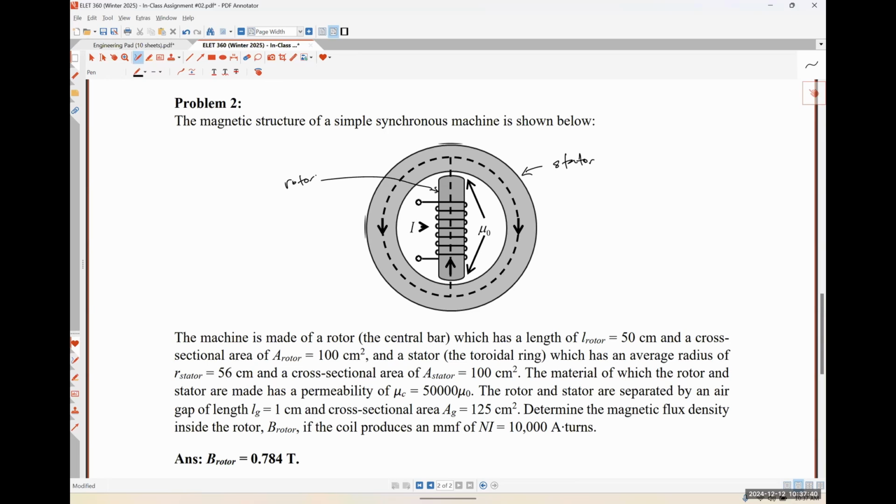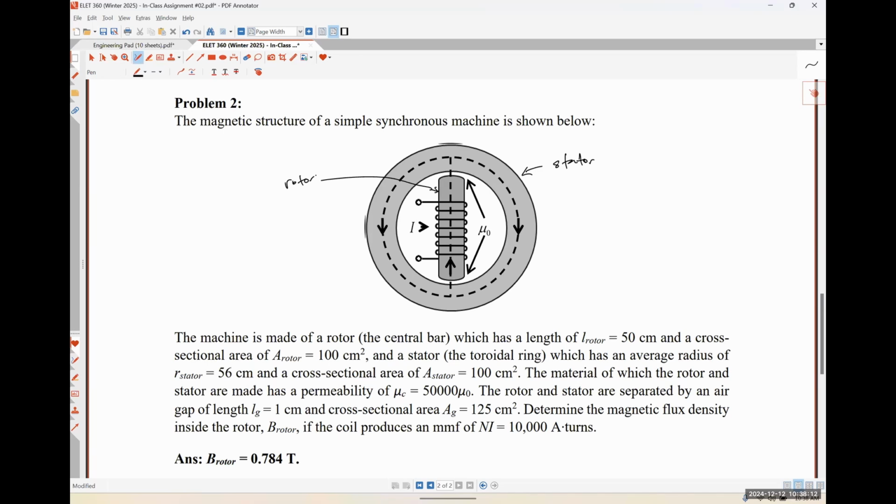But anyway, we have a rotor length of 50 centimeters with a particular cross-sectional area of 100 square centimeters. The stator has an average radius of 56 centimeters and a cross-sectional area of 100 centimeters squared. And the material for which the rotor and stator are made has a permeability of 50,000 mu naught, so this is a really good ferromagnetic material.